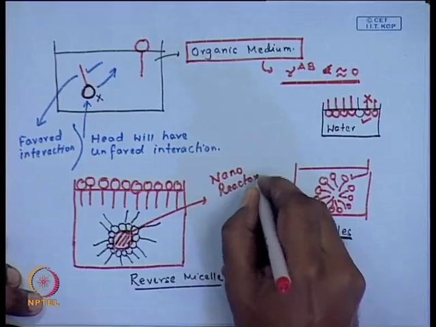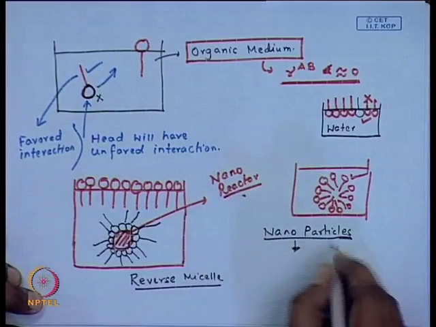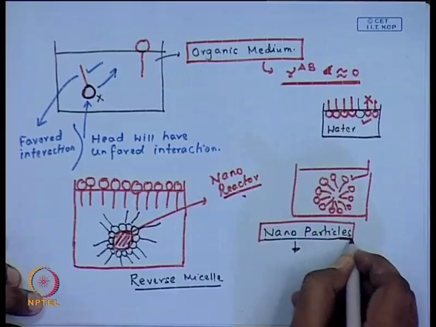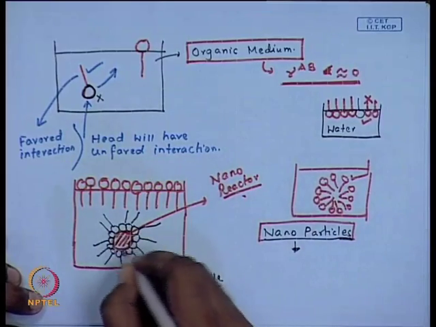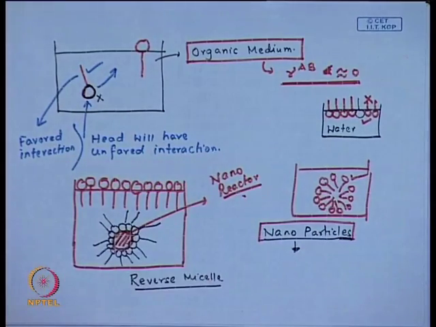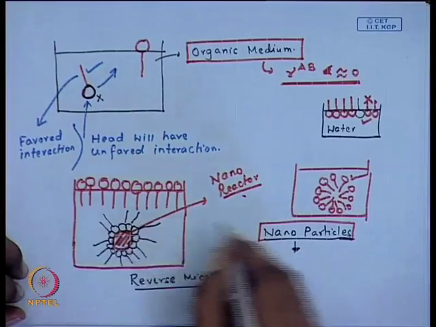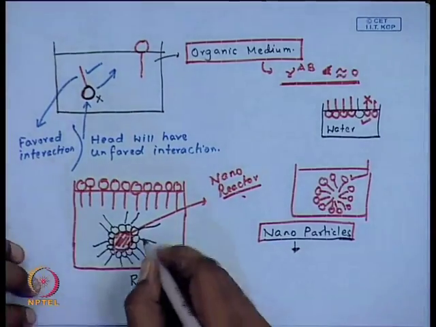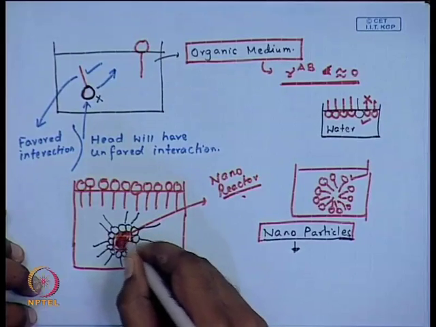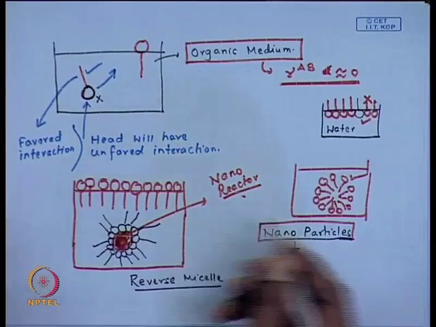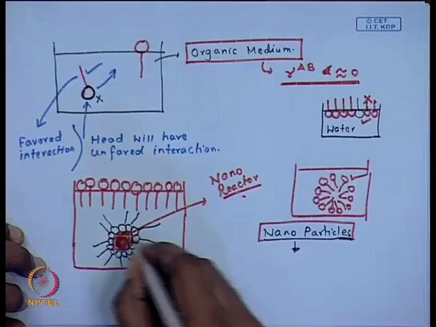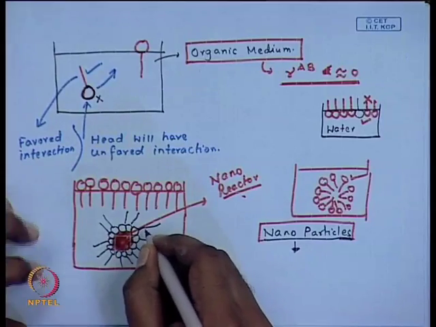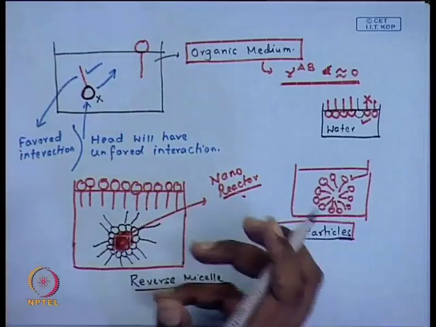So, you can have your reactants react to form a particle of a desired material, but since the structure is already confined, these structures are rather stable in the medium. So, after synthesis the material cannot grow beyond this particular size. Automatically the size of the particle gets fixed by the size of the micelle.